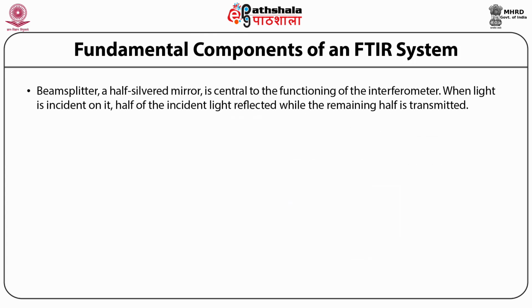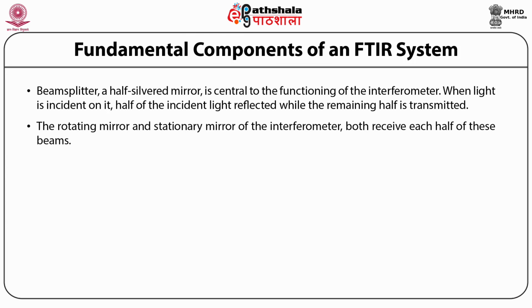The beam splitter, a half-silvered mirror, is central to the functioning of the interferometer. When light is incident on it, half of the light is reflected while the remaining half is transmitted. The moving mirror and stationary mirror of the interferometer each receive one half of these beams.